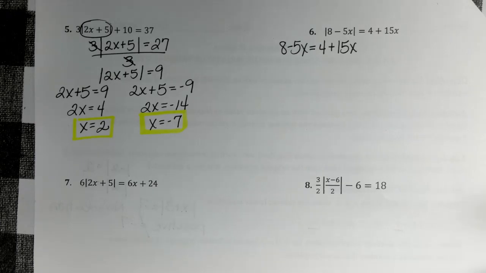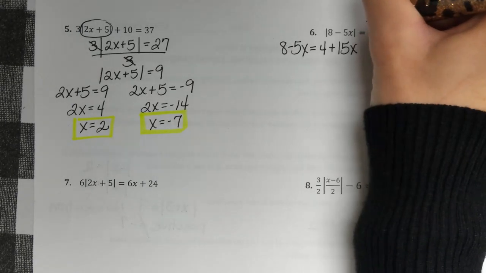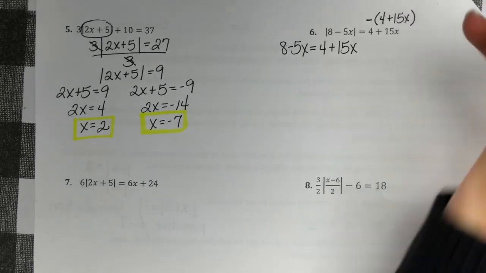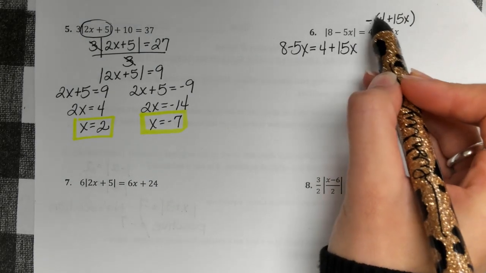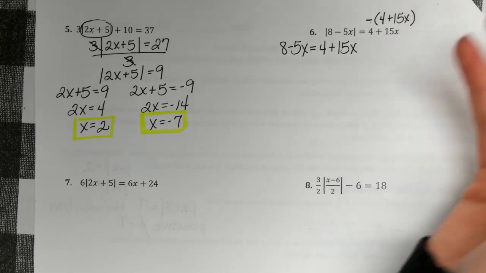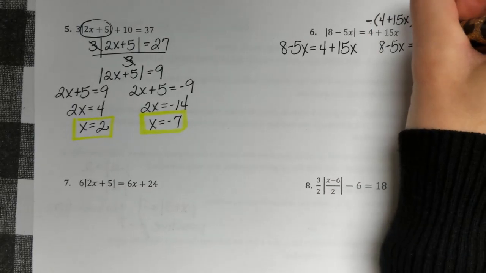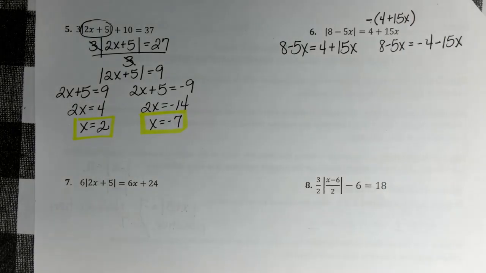When I go and make the 4 plus 15x negative, okay, you are taking the entire 4 plus 15x, and you're basically just changing the signs because you're going to distribute a negative to both. So that becomes 8 minus 5x equals negative 4 minus 15x. So if you have two terms on the right side, you just change the signs when you make a negative.